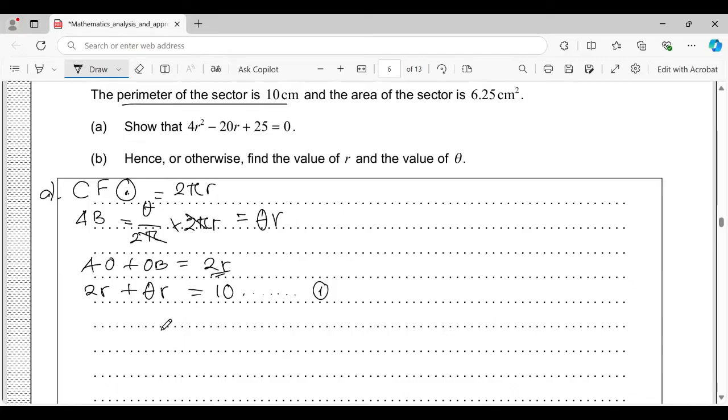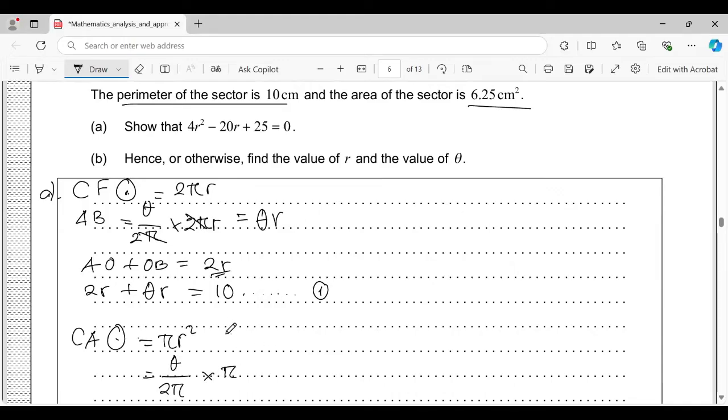Next, the area of this circle is pi r squared. That's the formula to calculate the circle area. And we can calculate through theta over 360 multiplied by the area, which is 6.25.